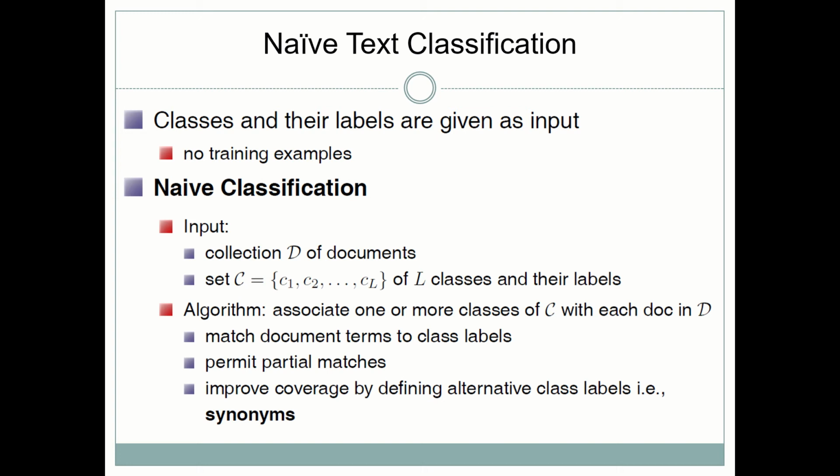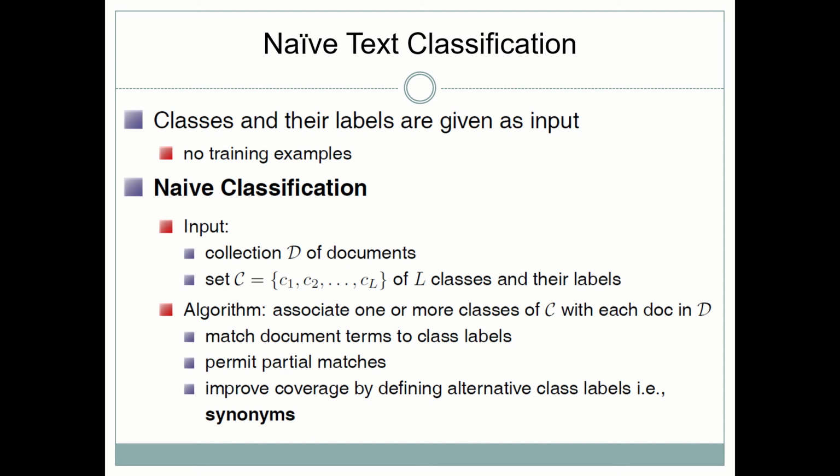What we will have is a collection of documents D and also the list of labels or classes. Each document will have their own labels. Based on the algorithm, we try to associate one or more classes with each document that we have.